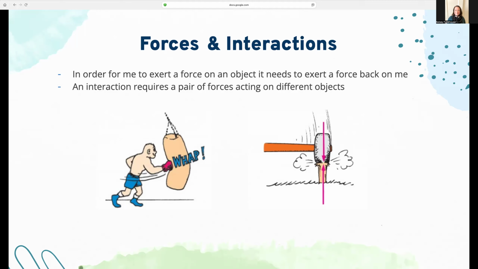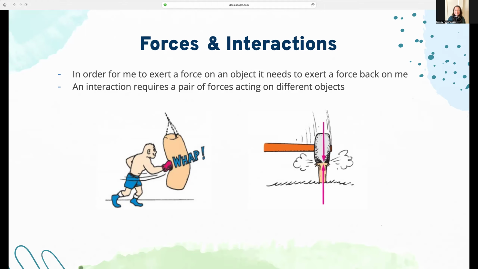Same thing if you press your hand on the table, you apply a force to the table, and the table applies a force back. An interaction requires a pair of forces acting on different objects. So we have my hand on the table and the table on my hand, or my hand on the wall and the wall on my hand, or the examples on the slide.